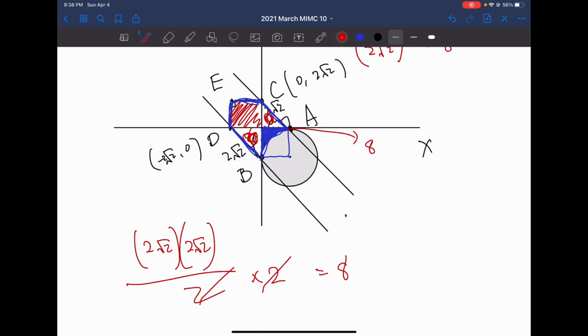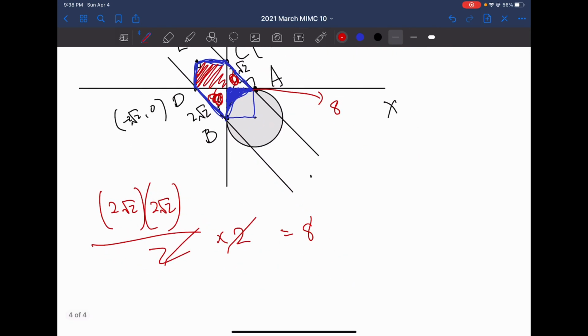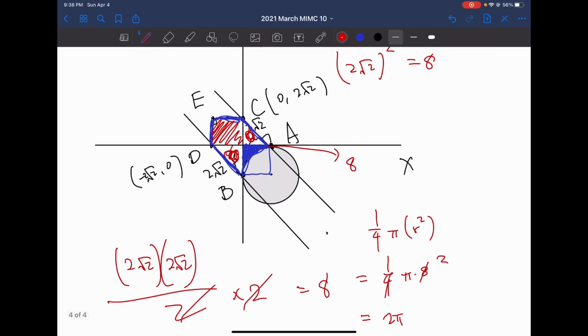And this quarter circle with radius 2√2 can be calculated easily as well, with 1/4 pi r squared. R would just be 2√2, so pi times 8 over 4, and that will result in 2 pi. Therefore, this blue shaded area would be equal to 8 minus 2 pi.